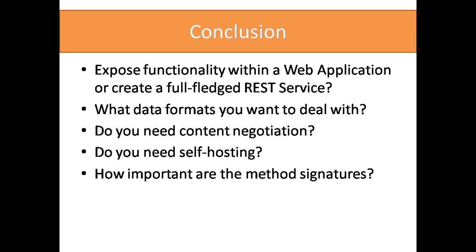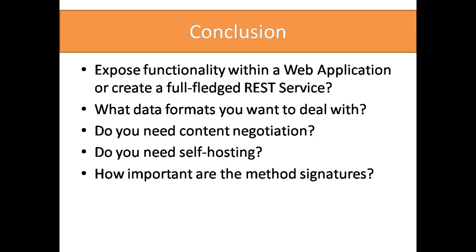MVC controller usually returns HTML markup or JSON formatted data. If these data formats fulfill your needs, then MVC controller can be used to expose your functionality. However, if you need multiple data formats such as XML or JSON, then Web API allows an easy way to configure them.